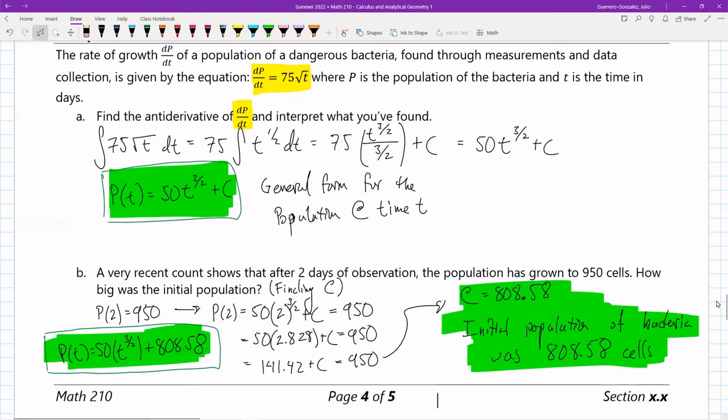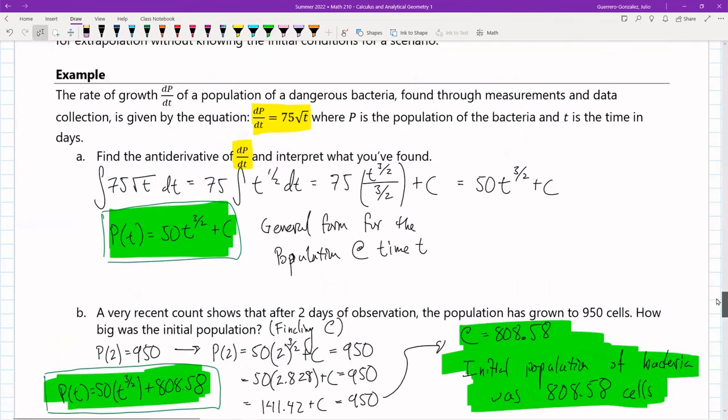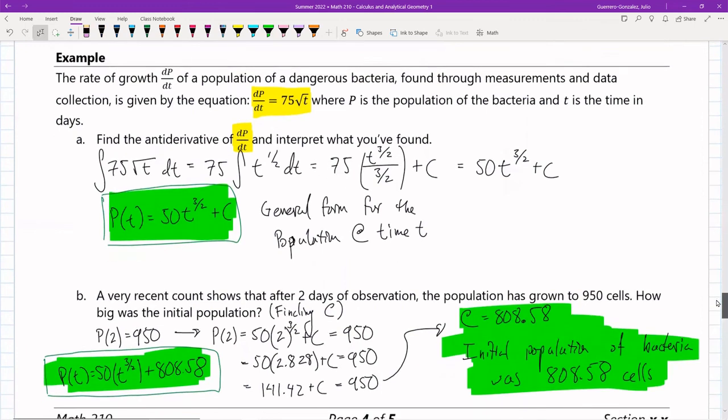Now I want everybody to take a look at what really happened here. By measurement, we're able to determine how fast this bacteria is growing. We didn't have to be at the very beginning of this dangerous bacteria.